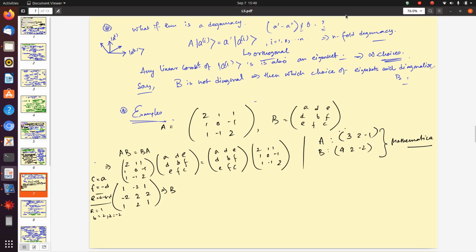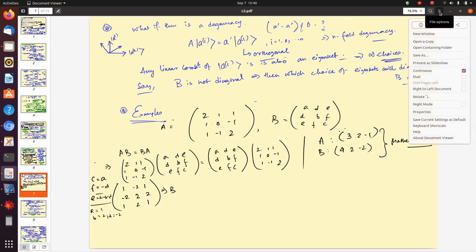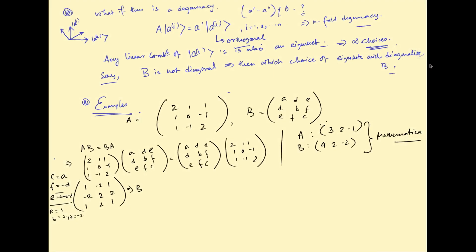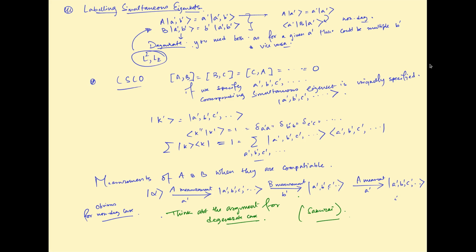Okay. So, now that we understood this example, let us go on to build upon that. Notice one thing: when there are simultaneous eigenkets, like an eigenket which is an eigenket of multiple operators, and that is true when A and B are commuting, it makes sense to label them in terms of both of their eigenvalues.